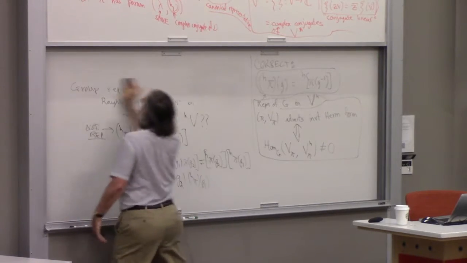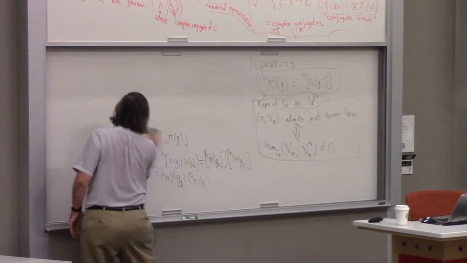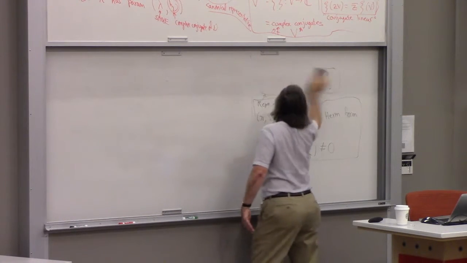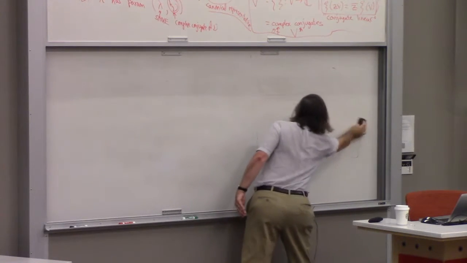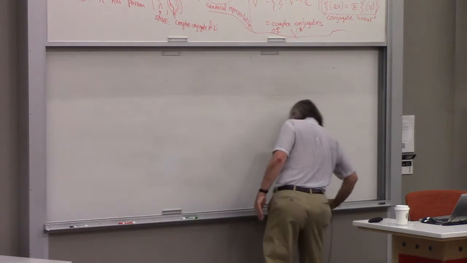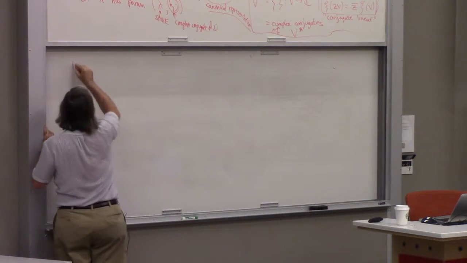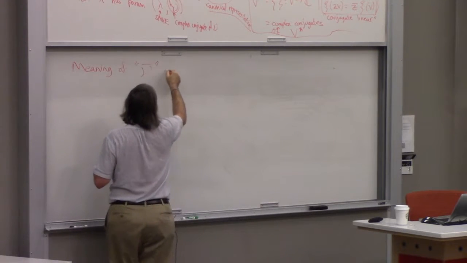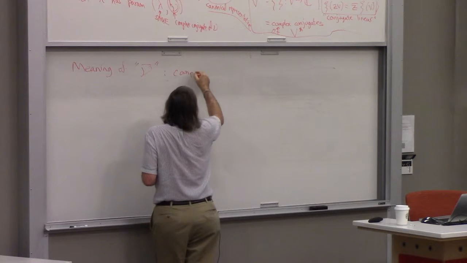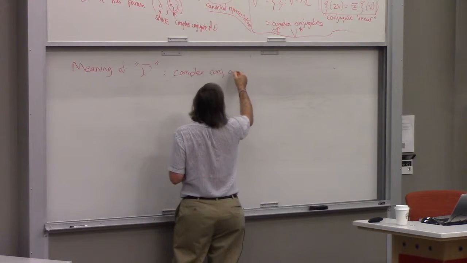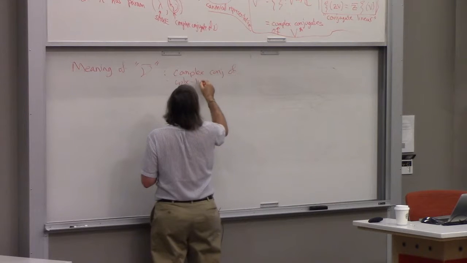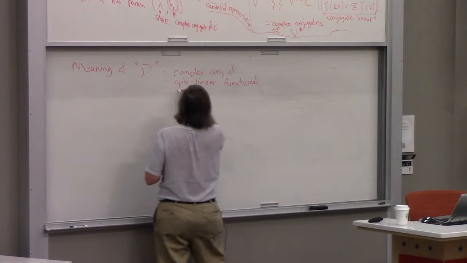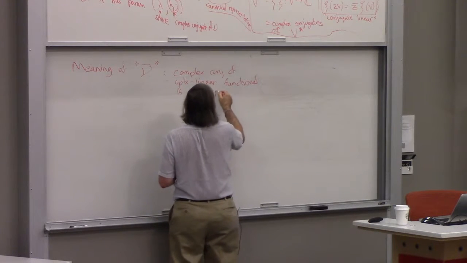So the complex conjugate of a complex linear functional is not complex linear.